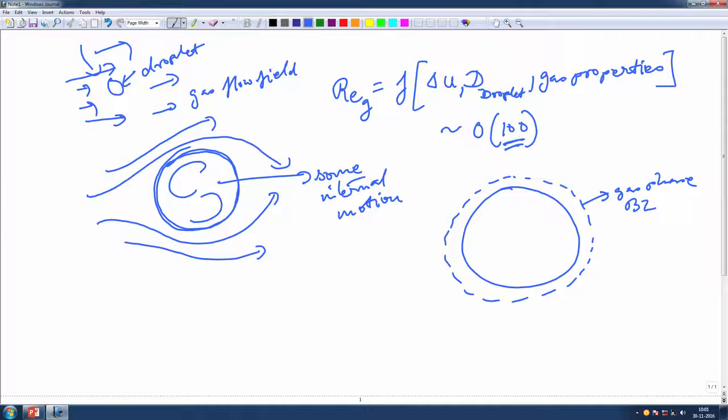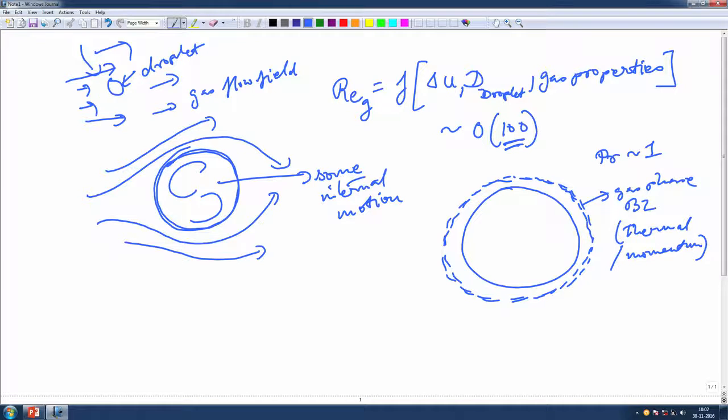Now, most likely, if the gas is air, the gas phase Prandtl number will be of the order of 1. Therefore, these two boundary layers will perhaps coincide with each other. So, you can have a gas phase boundary layer, thermal or momentum or viscous.